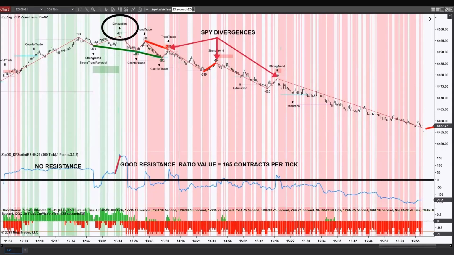This is why we use the SPY as a proxy for the ES. We find more divergences on the SPY. Now, here is my guess, my theory, my opinion, whatever you want to call it. The futures will slightly lead the cash market. And basically, there are so many algos out there right now that you hear about from Citadel and other high frequency traders that pick up the true whole market order flow.